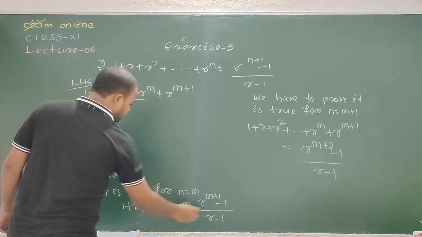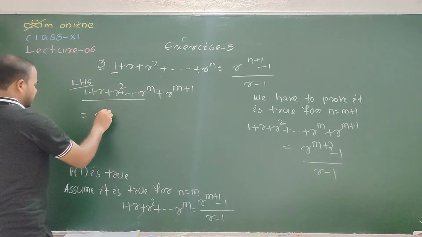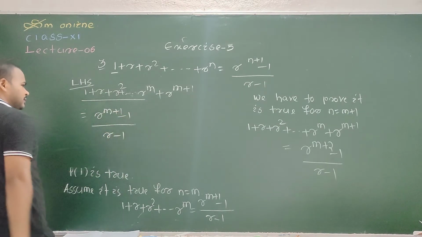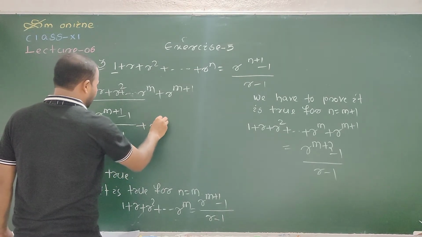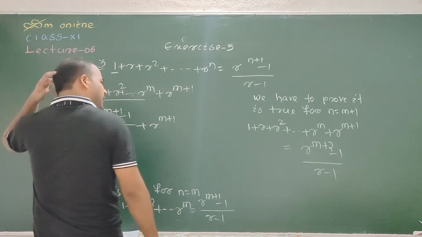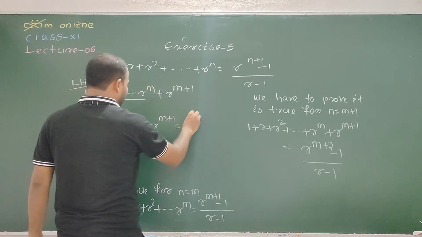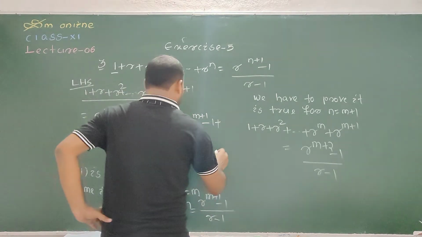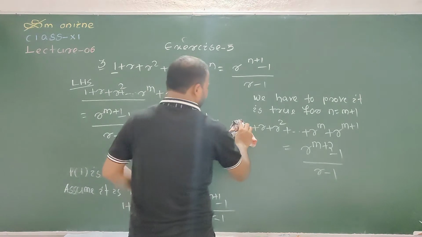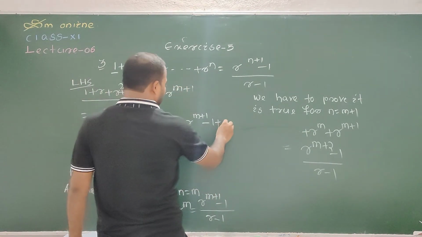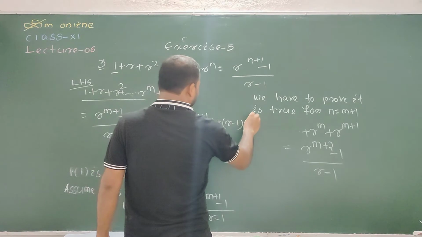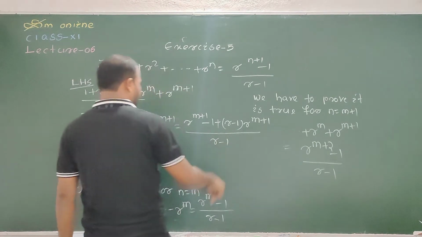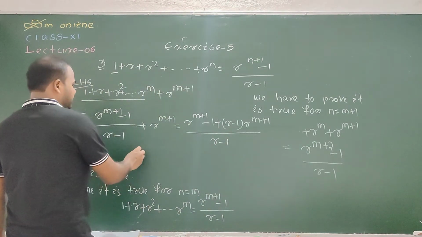This is r to the power m plus 1 minus 1 upon r minus 1, and this is r to the power m plus 1. And taking LCM, we get here r to the power m plus 1 minus 1 plus r minus 1 into r to the power m plus 1 upon r minus 1.